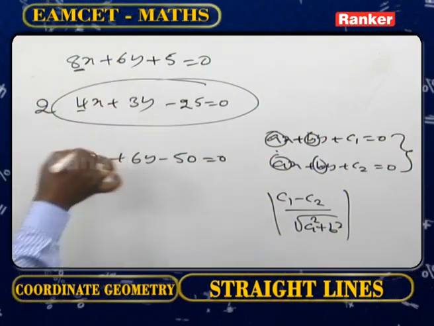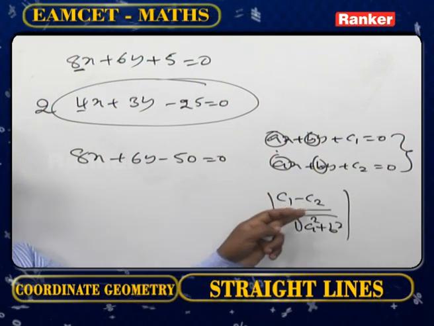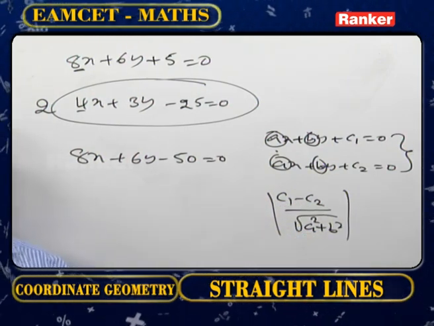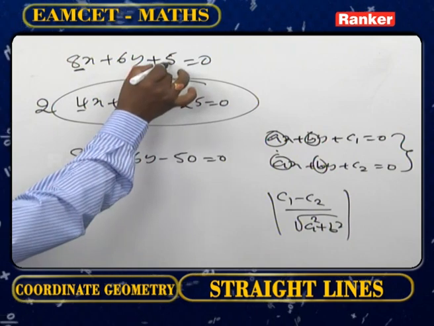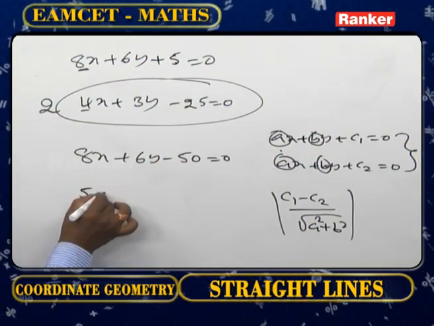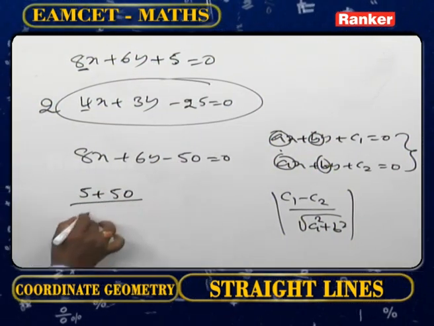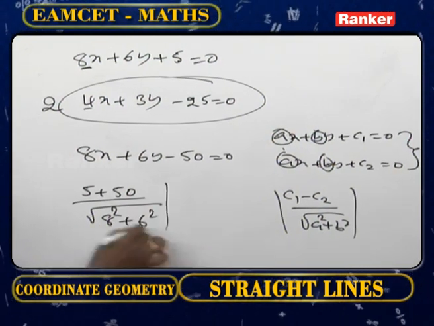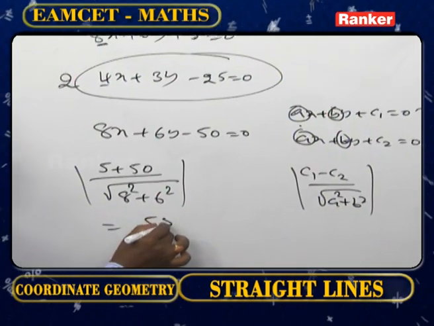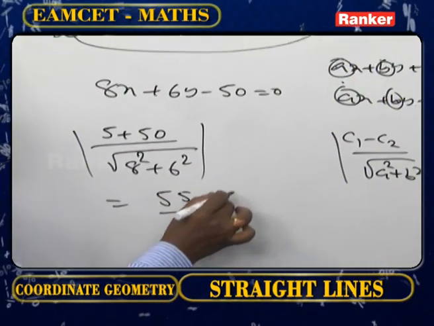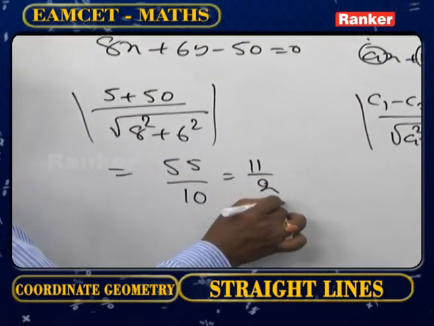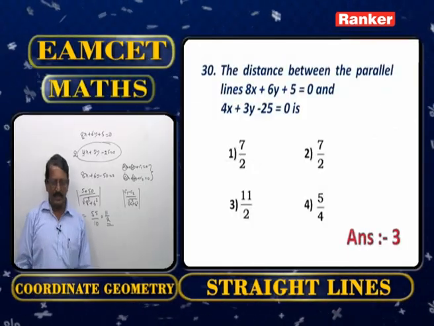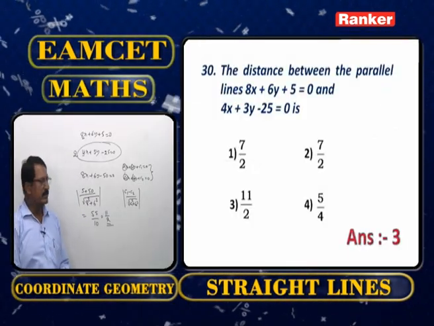Now the coefficients are the same. Using the formula, the modulus of (c1 minus c2) by the square root of a square plus b square: 5 minus of minus 50 by the square root of 8 squared plus 6 squared, that equals 55 by 10, which is 11 by 2. The distance between the given parallel lines is 11 by 2, third option.